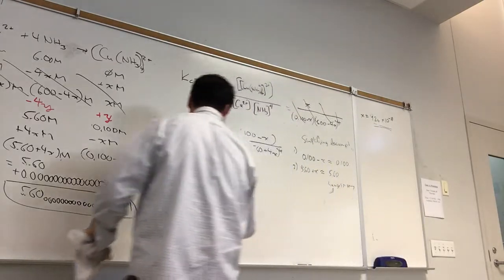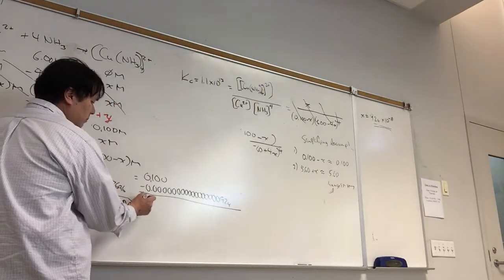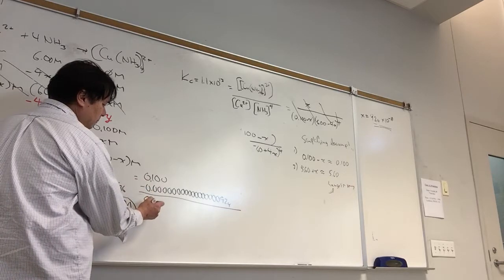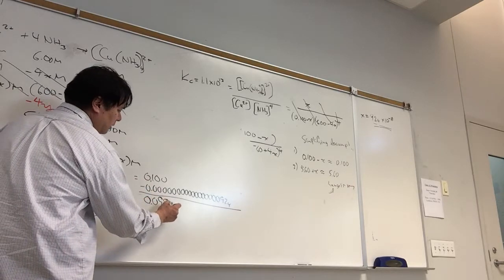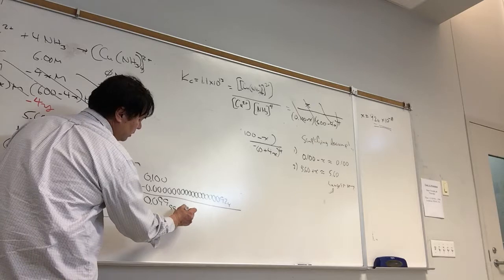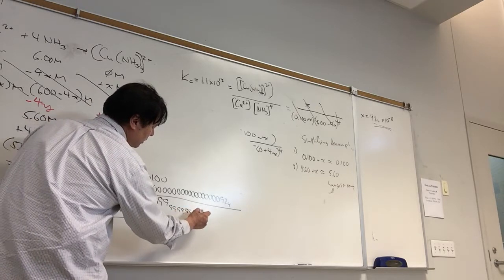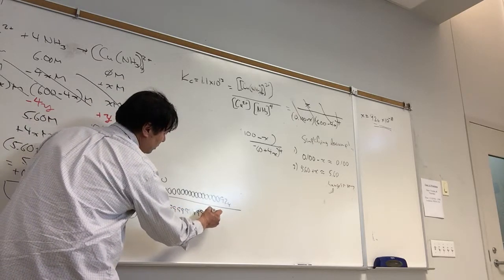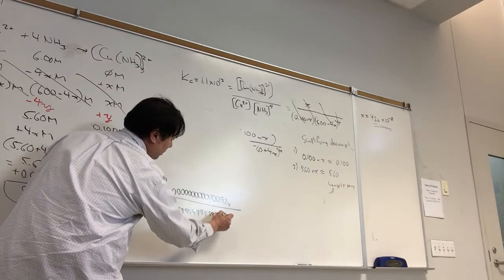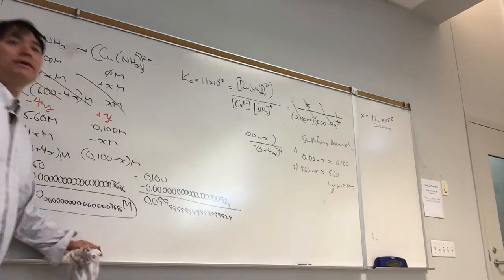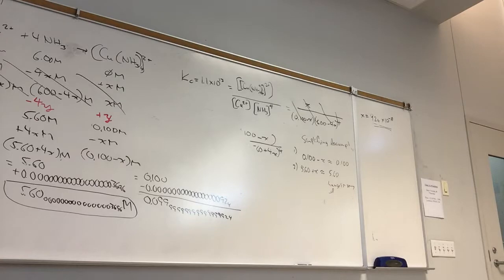Calculate this. This is going to be 0.099999999999924, if I got the correct number of 9s.